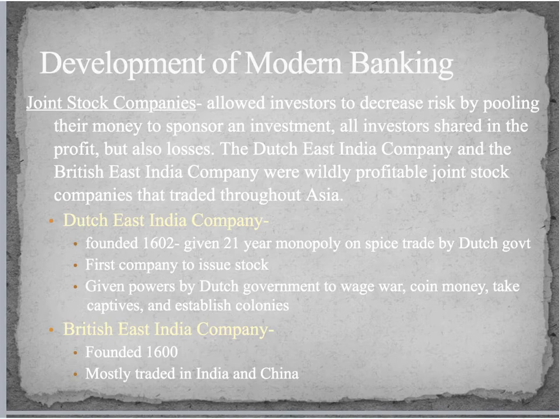But the Dutch government, for example, basically told the Dutch East India Company, you go over to Southeast Asia and you do whatever is necessary to make us successful and profitable in Southeast Asia. If you have to kill some people, enslave some people, no problem. You gotta do what you gotta do to make this successful. So they were given extraordinary powers by the government.